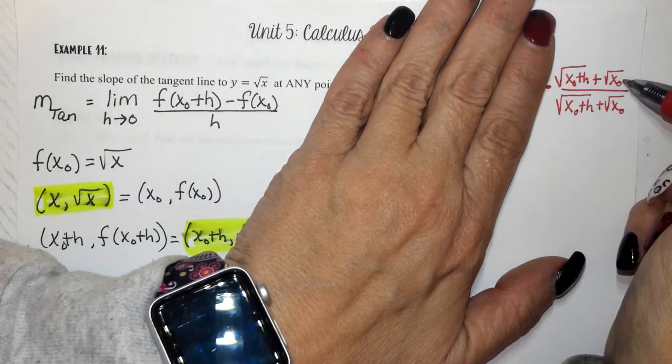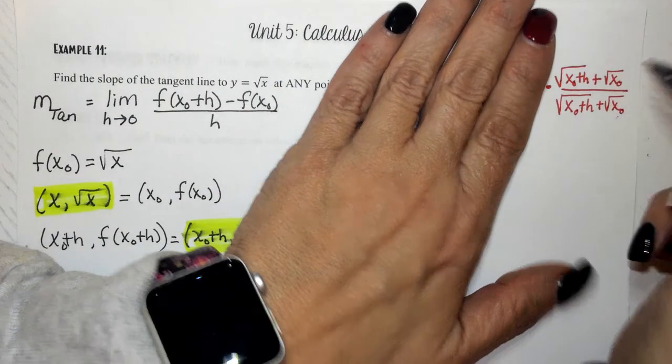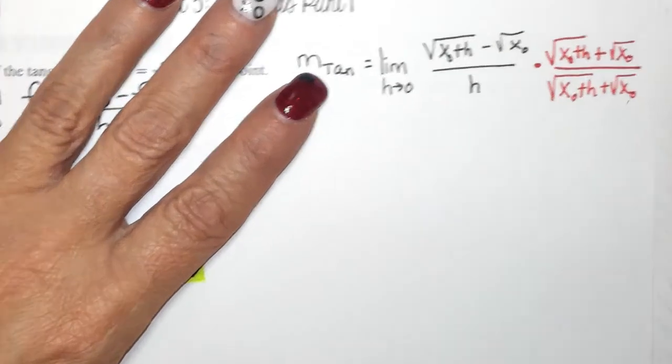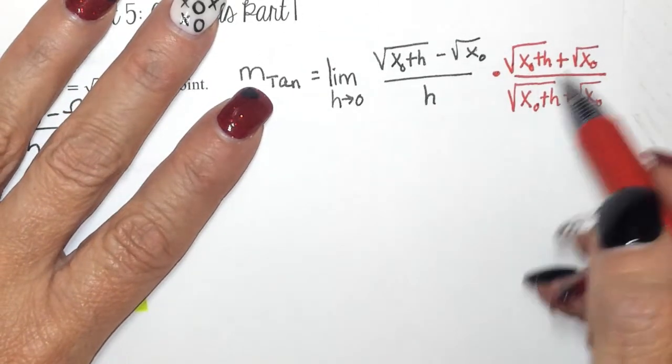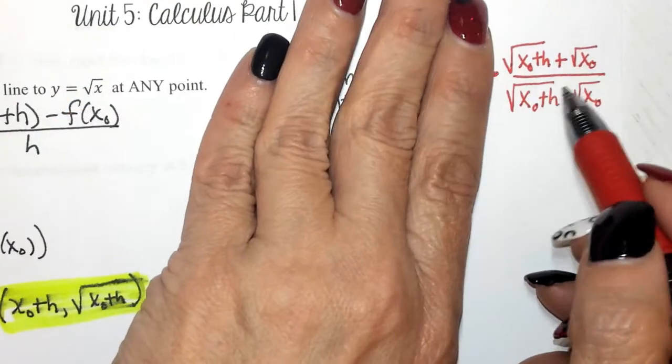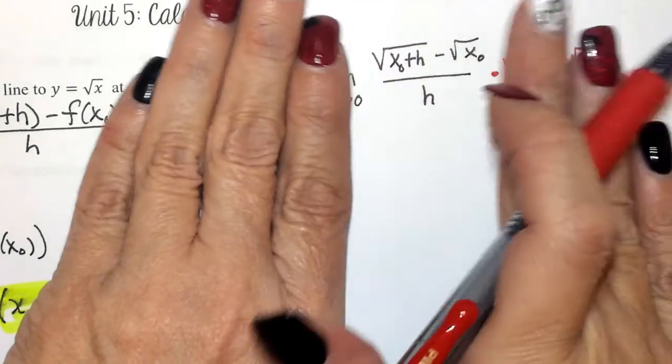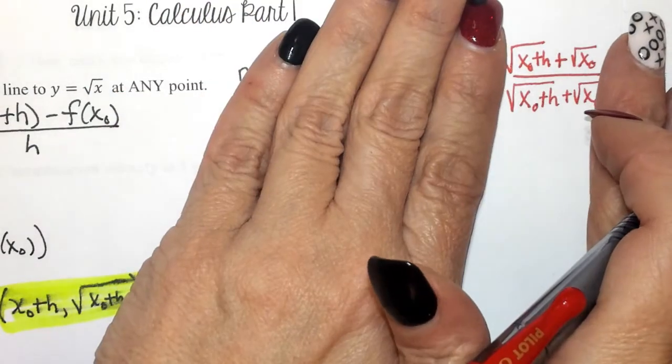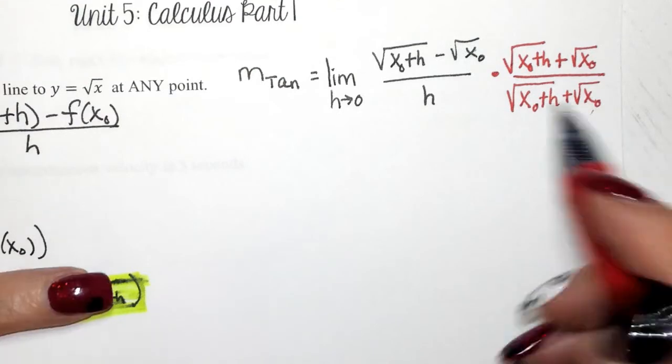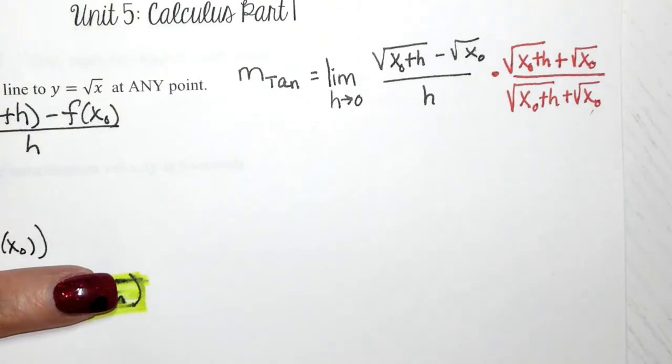If I have the exact same thing over the exact same thing, that's what I call a well-chosen number one. This simplifies to the number one. It's like I'm taking this and multiplying it by the number one. I haven't changed it at all. So it's called a well-chosen one. But when I go to simplify this, it's going to do some magical things to my problem.